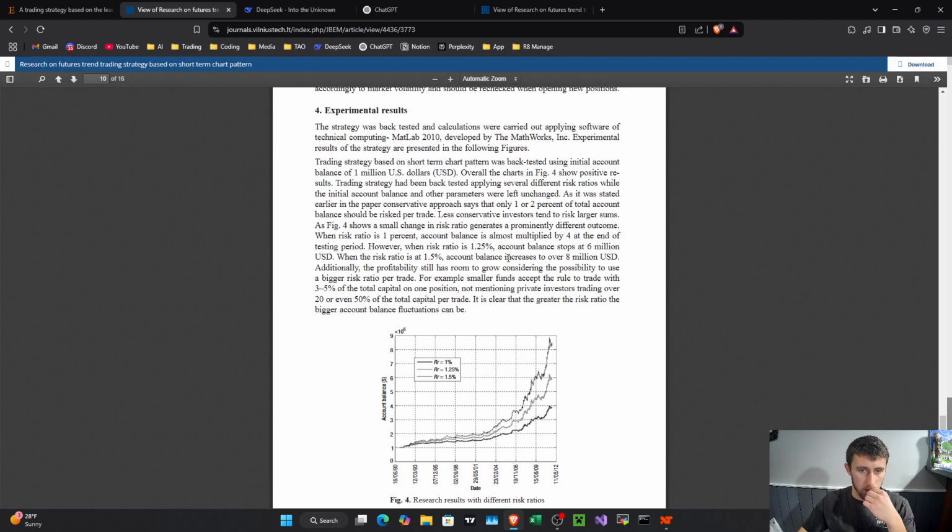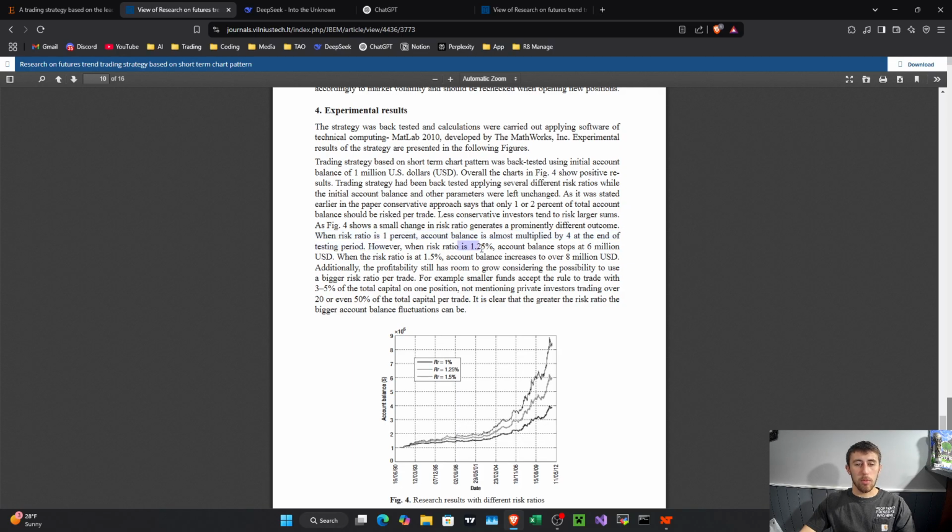See where it is. For the risk ratio, however, when stops at 6 million. Okay, so look, I can already tell by just reading this that this is not a well done research paper. So when risking 1% per trade, your account balance is almost multiplied by 4.